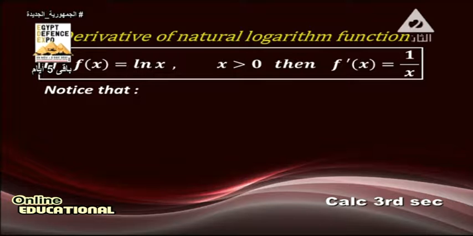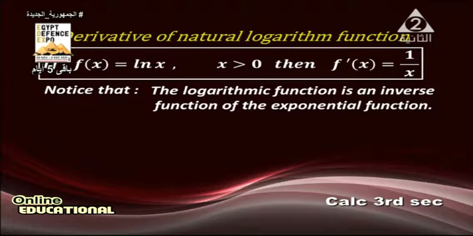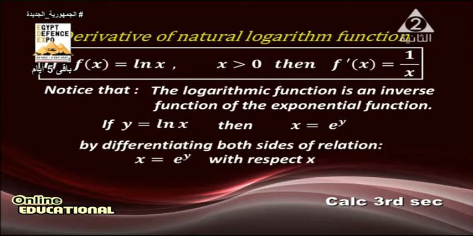We note that the logarithmic function is the inverse function of the exponential function. Then if y equals ln x, then x equals e to the power y. By differentiating both sides with respect to the variable x, the derivative of x equals 1, and the derivative of e to the power y is e to the power y dy/dx.